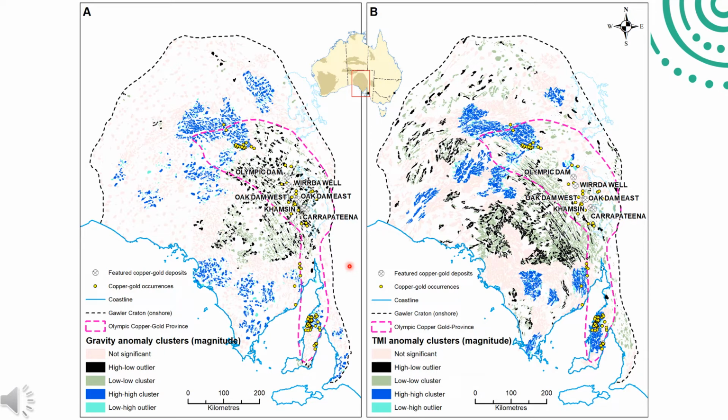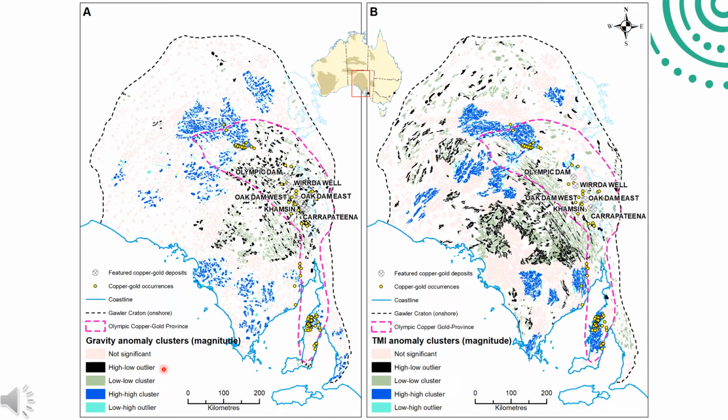The maps also show how high magnitude and low magnitude anomalies spatially cluster, and key cluster types have been found to coincide with geological domains that have a shared tectonic history and basement geology. Regions with dispersed, discrete high magnitude anomalies among low magnitude features are tagged by the clustering algorithm as high-low outliers.